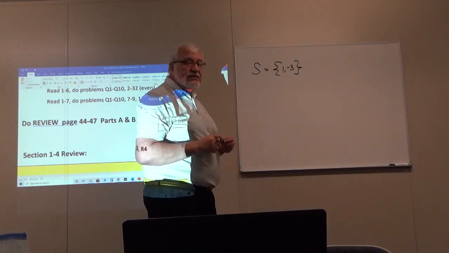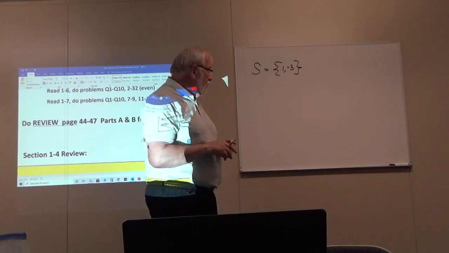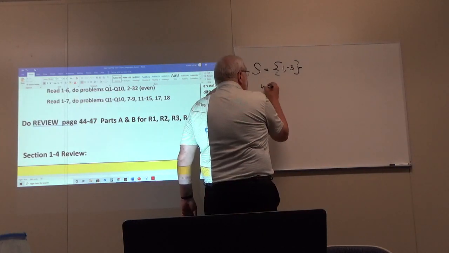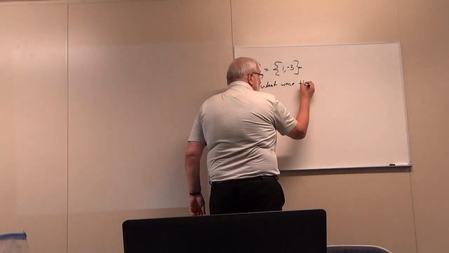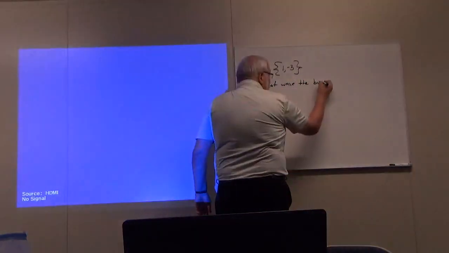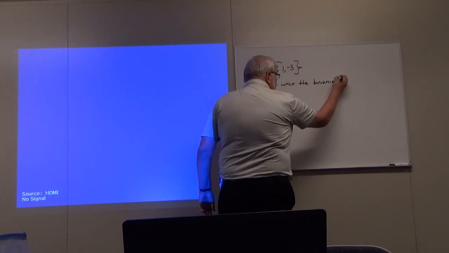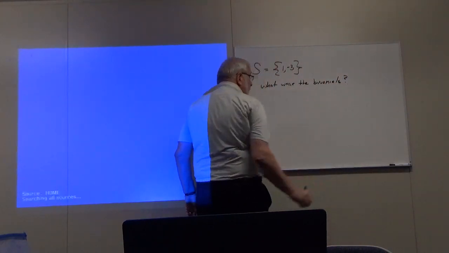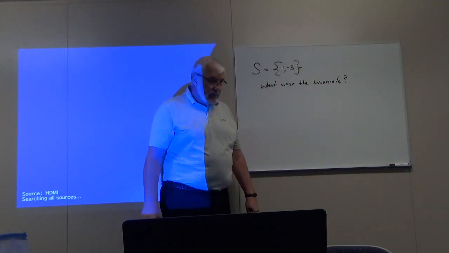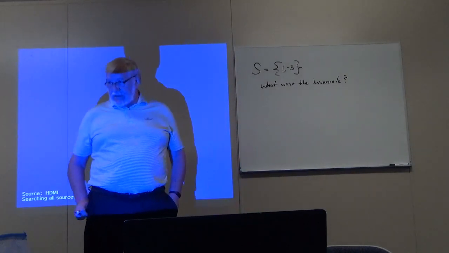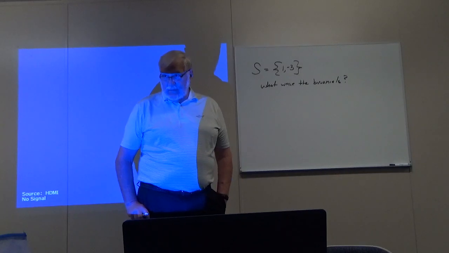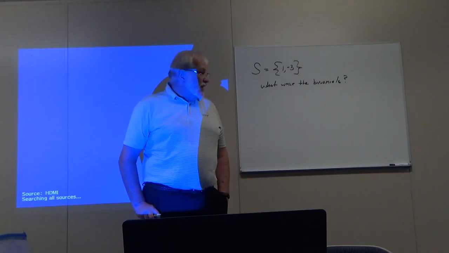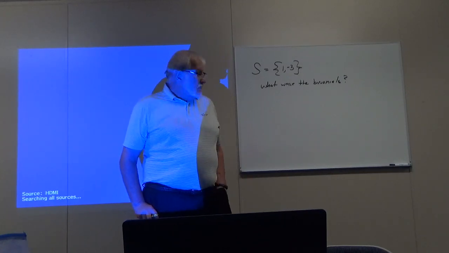Okay, if the solution set is 1, -3, what were the binomials? This is a test question. What do you have to do? What does x equal? x equals 1.